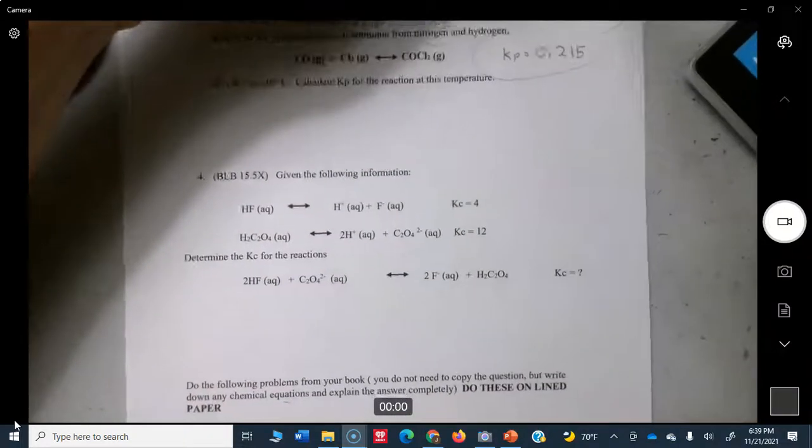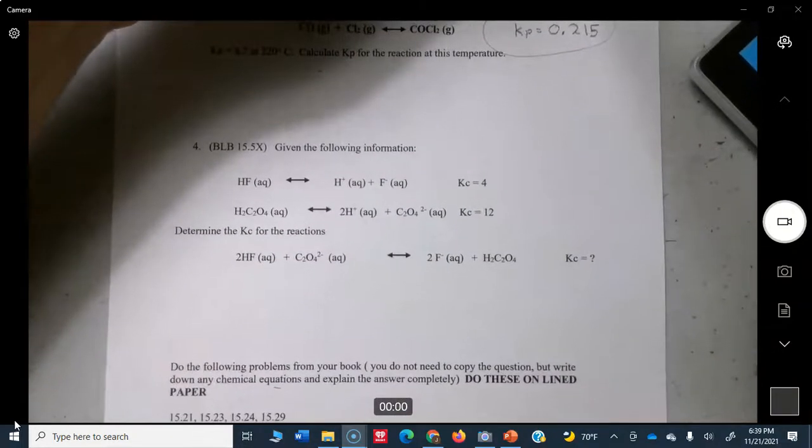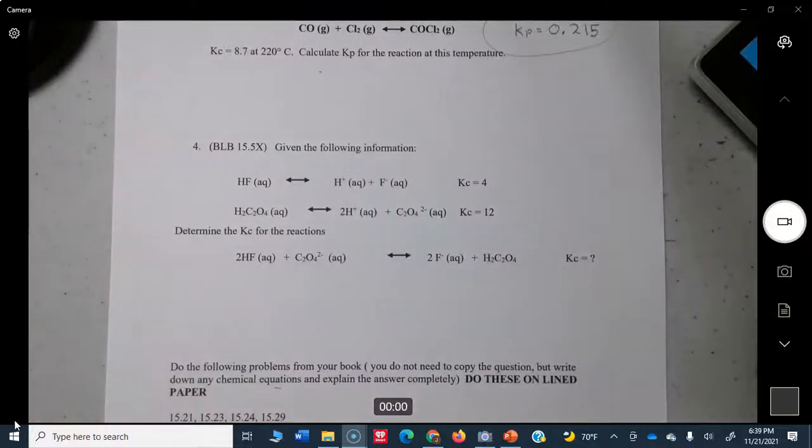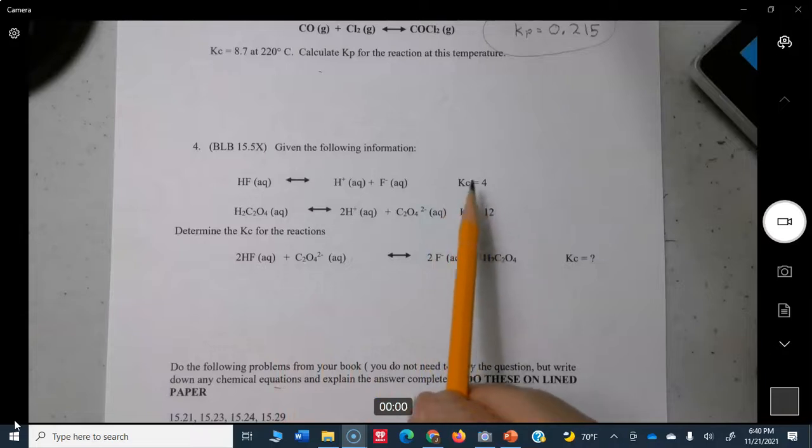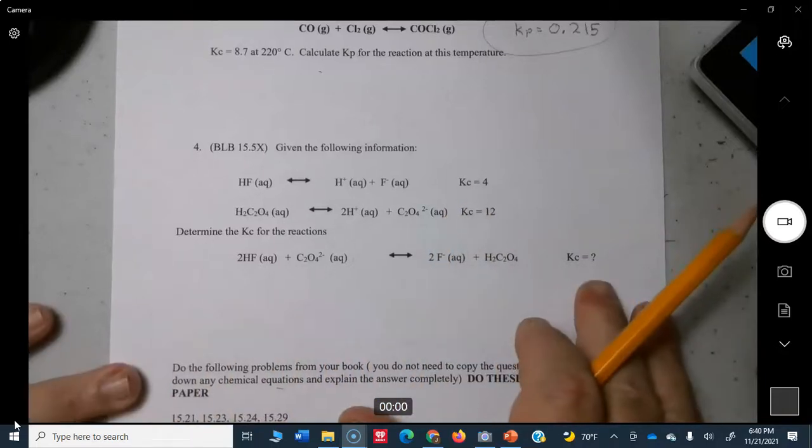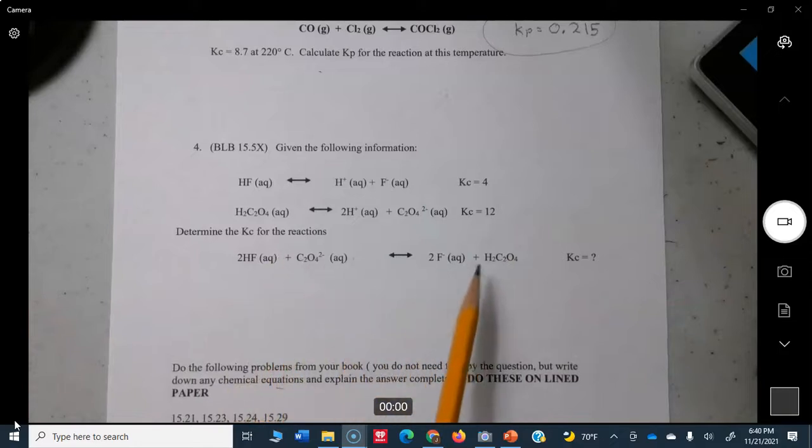Okay, number 4. All right, this is at the end of the lecture video, and it has to do with the 3 rules. It's very much like Hess's law, how in that you're combining 2 equations to make this equation, but what you do is totally different how you deal with these KC's and what you do to them. Okay, so what we're trying to do is we're trying to recreate this equation using these 2.